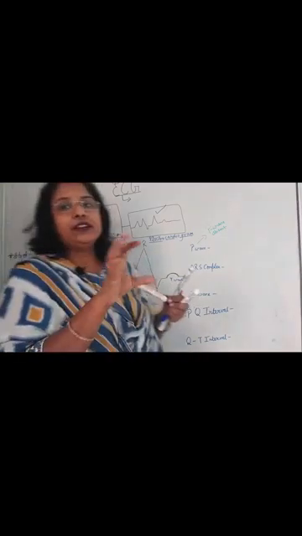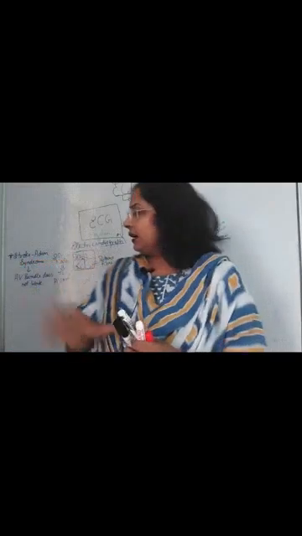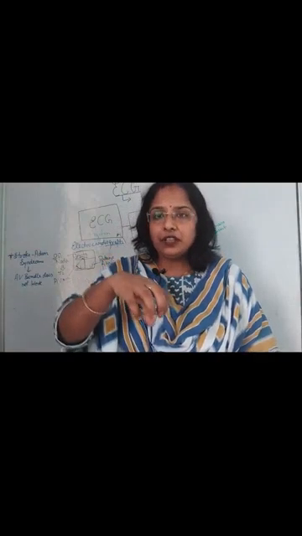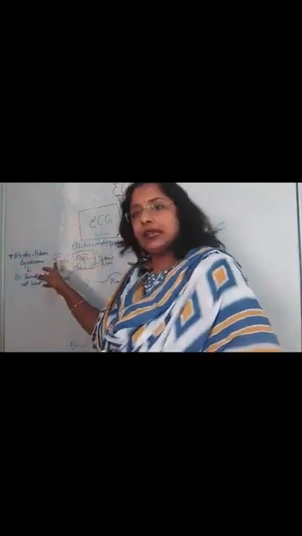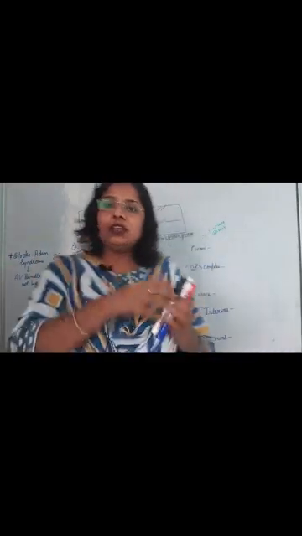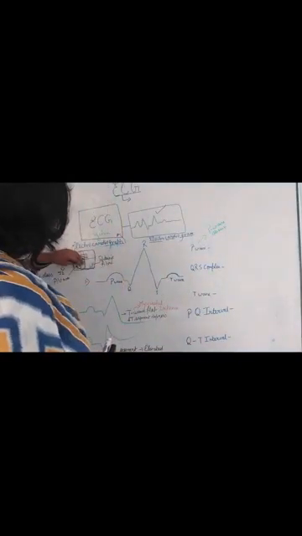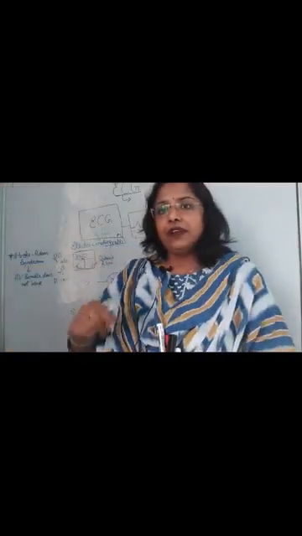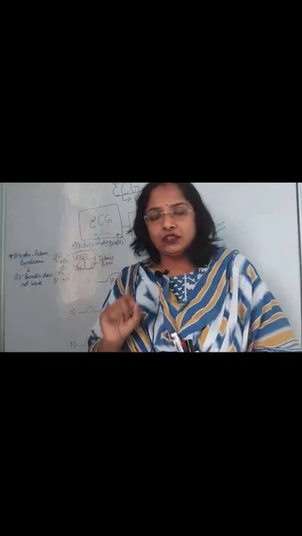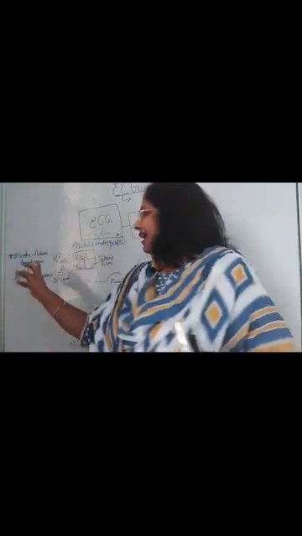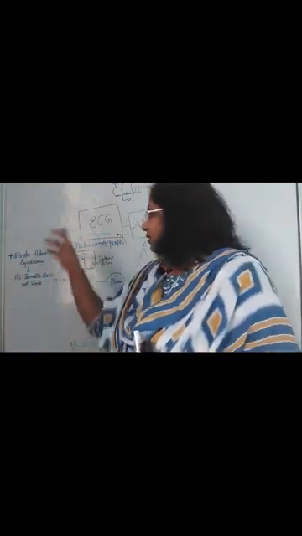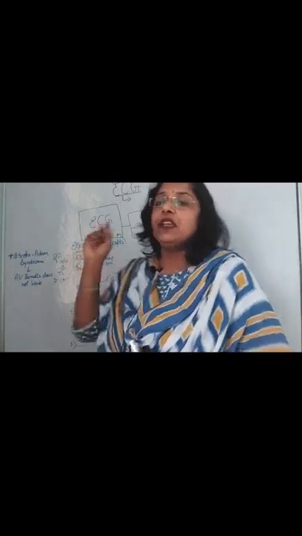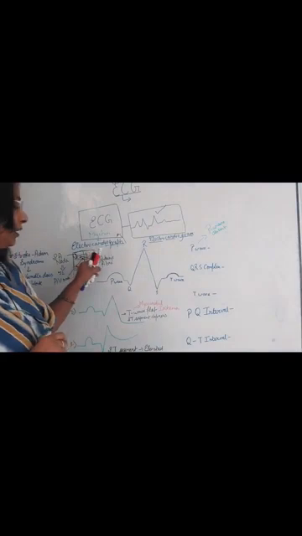So, the general physiology: the right atrium receives all the deoxygenated blood after the contraction due to the SA node impulse generation. This deoxygenated blood comes towards the right ventricle, and from the right ventricle it goes towards the lungs through the pulmonary artery. After oxygenation, the left atrium receives the oxygenated blood through the pulmonary vein.